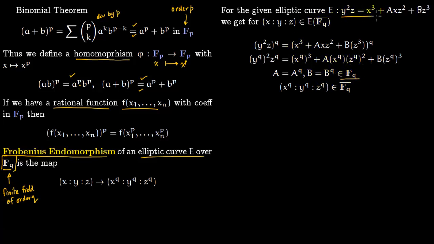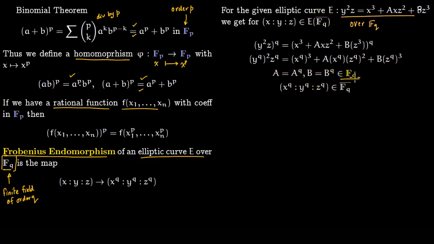So again this elliptic curve is over F_q because the coefficients are in F_q, but the points, you recall that we always describe over the closure. So this bar means it's the closure of this field.